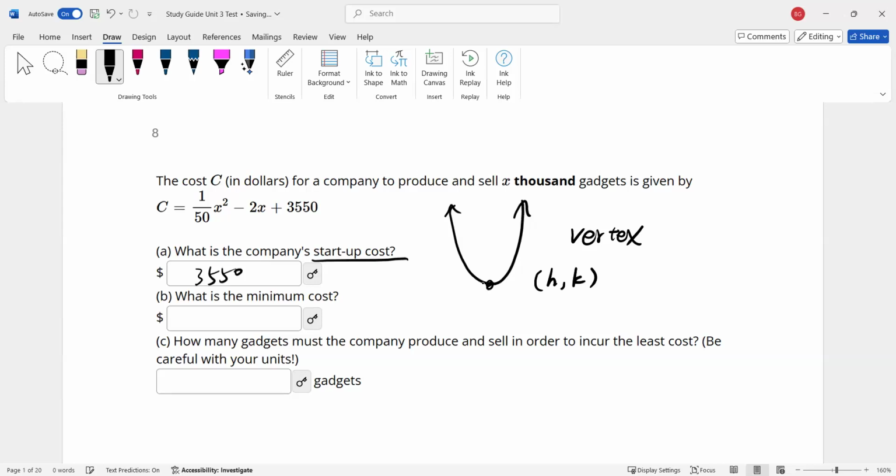Part B, what are we looking for? Part B is to find the K, because K is the minimum value of C, of the cost of the function. Well, how do we find the K?